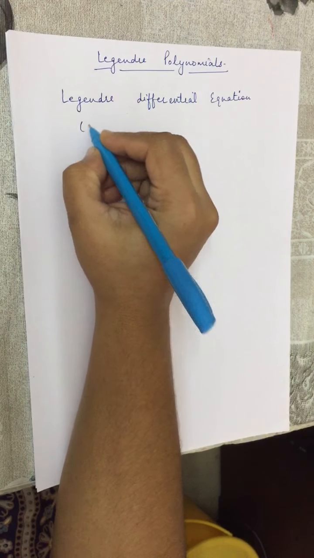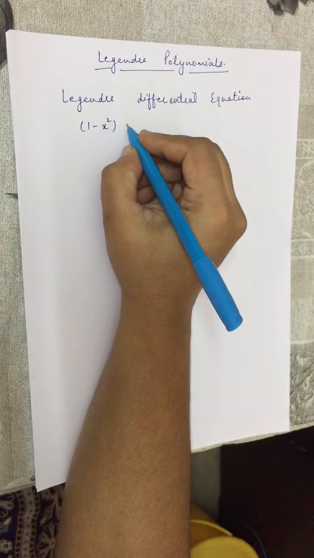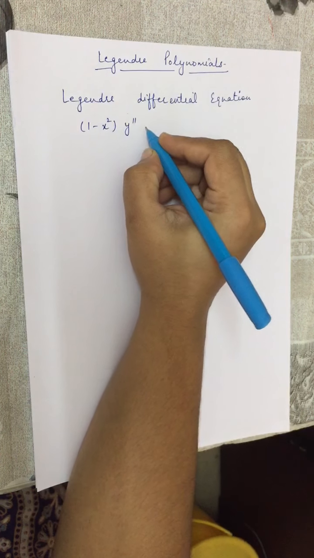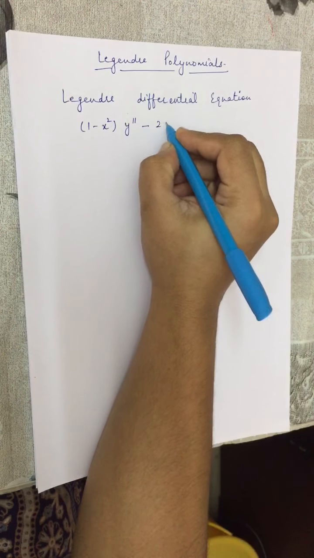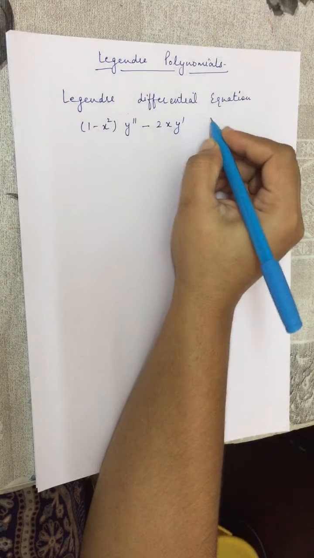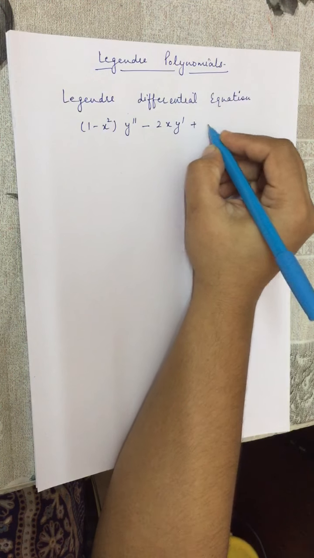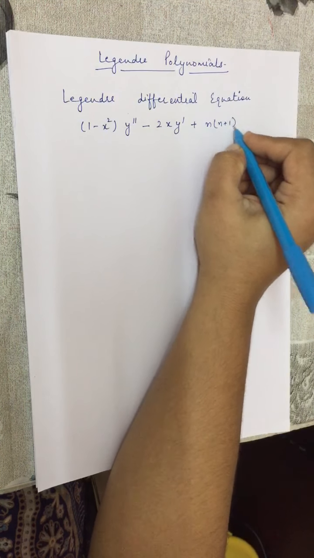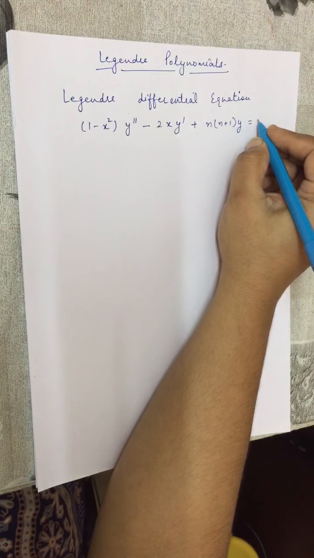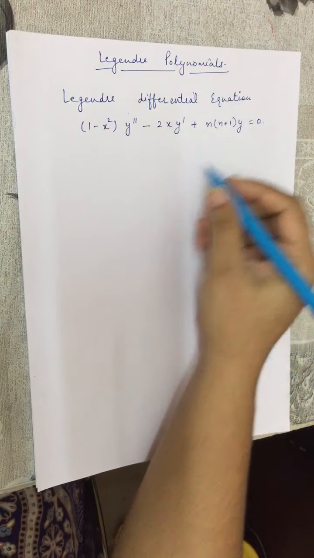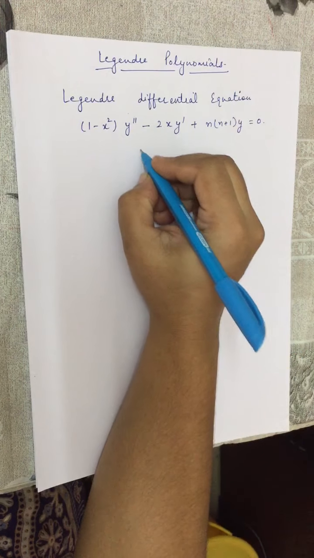The equation is given by (1 minus x square) into the double derivative of y with respect to x, minus 2x into the derivative of y with respect to x, plus n into (n plus 1) into y is equal to 0. Here n is any real constant.